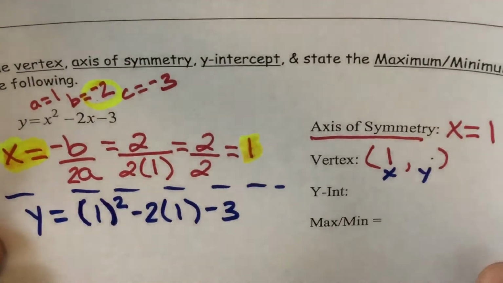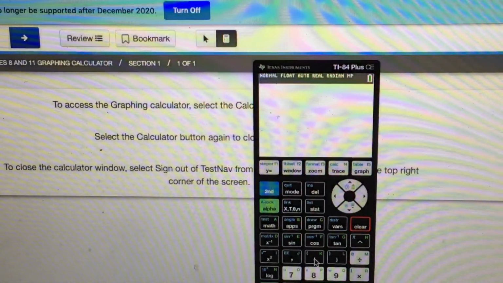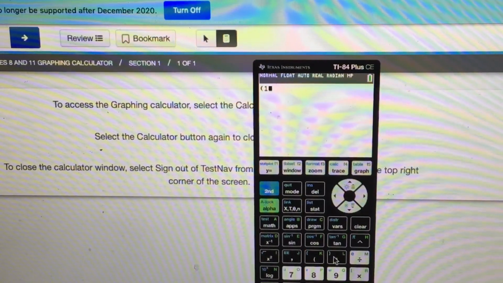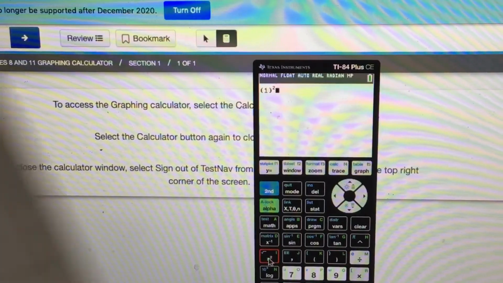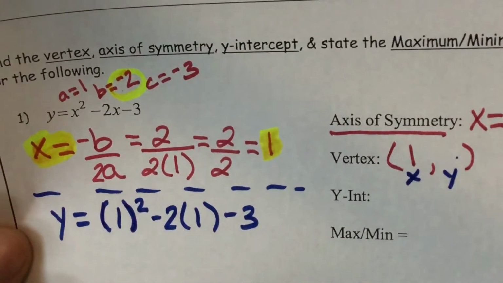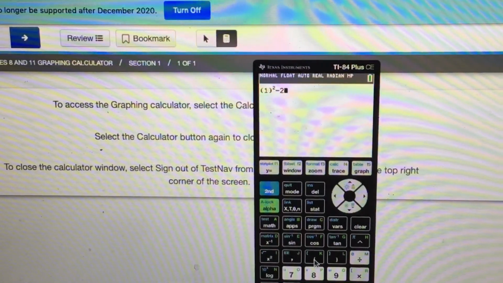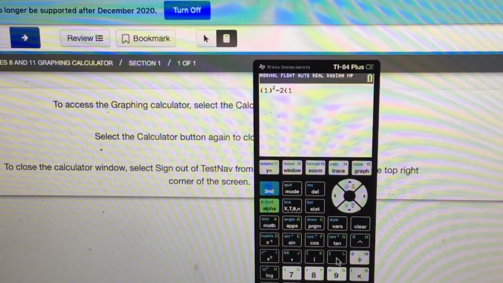So I've got parentheses 1 squared. The left parenthesis is above the 8, so parenthesis 1. The right parenthesis is above the 9. Close it, square it, so 1 squared. And then minus 2, parenthesis 1, close it.